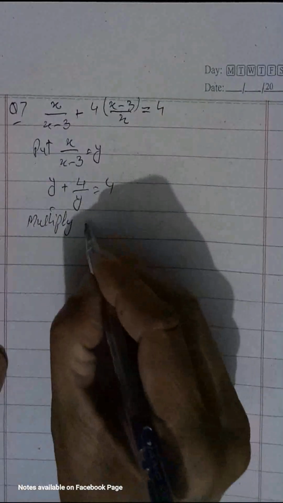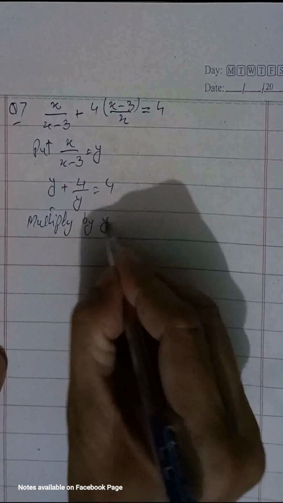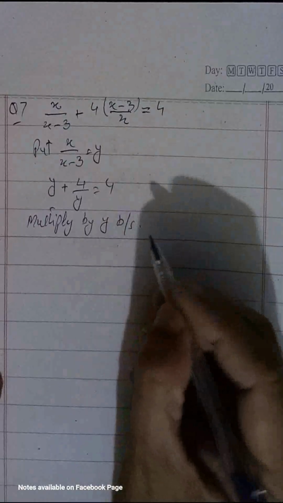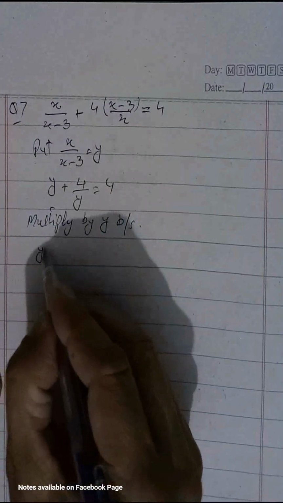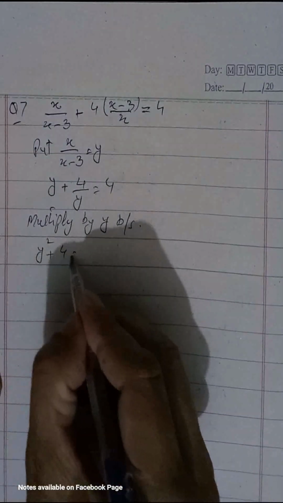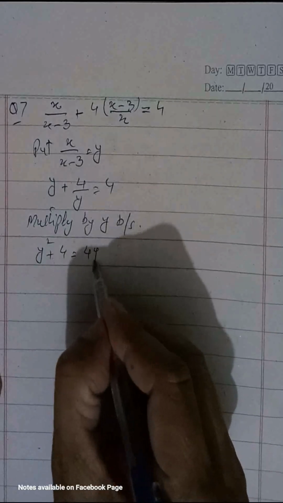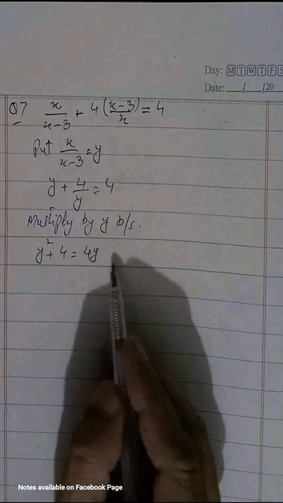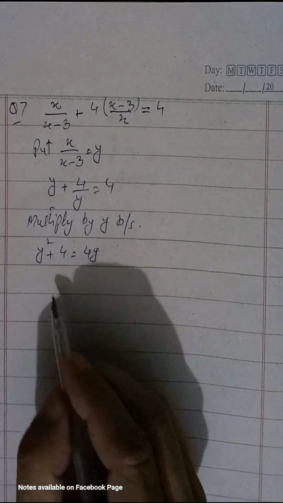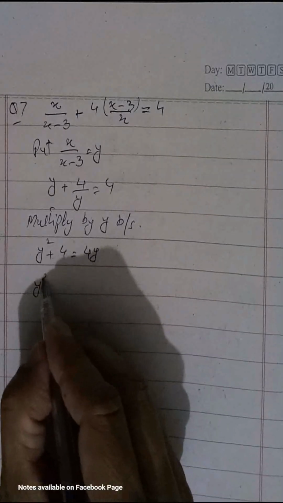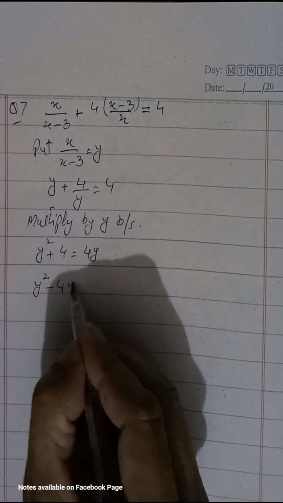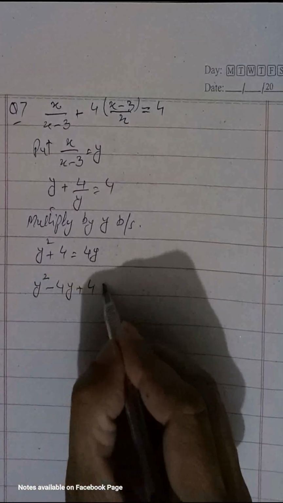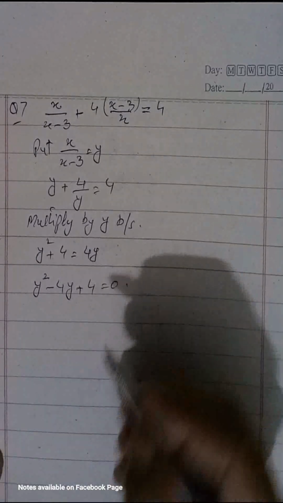Multiply by y on both sides, we get y square plus 4 is equal to 4y. Now convert it into standard form, we get y square minus 4y plus 4 is equal to 0.